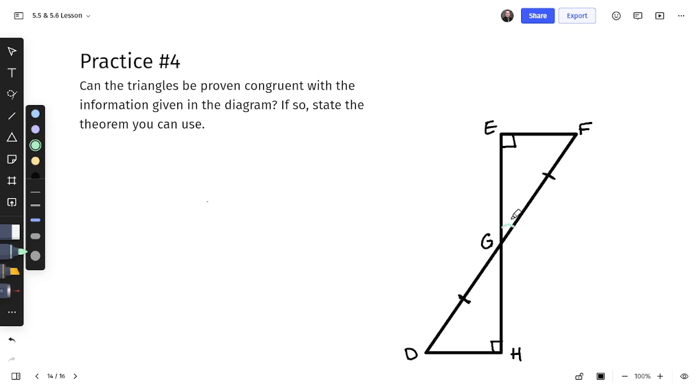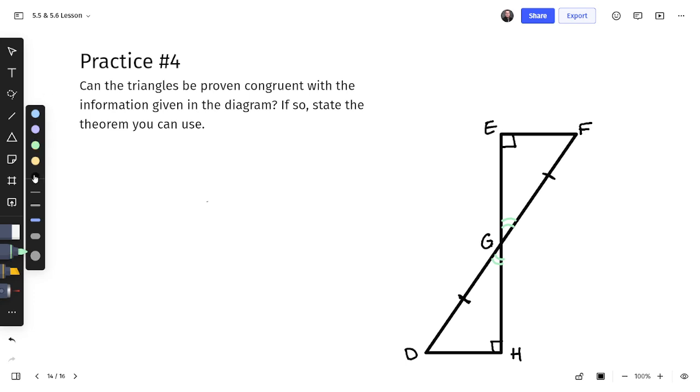We know that vertical angles are congruent. So we can say that these two angles, opposite angles formed by intersecting lines, are congruent. That lets us prove that if we have an angle and a side, a non-included side, congruent to an angle and a non-included side of another triangle, then the two triangles must be congruent by the angle-side theorem.